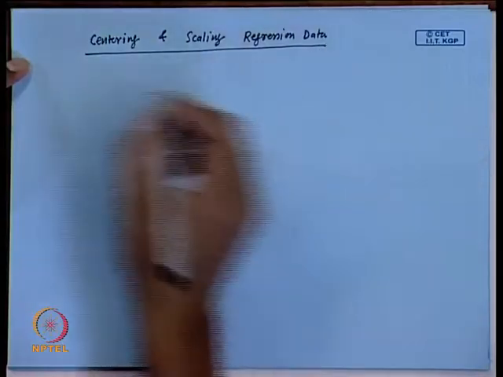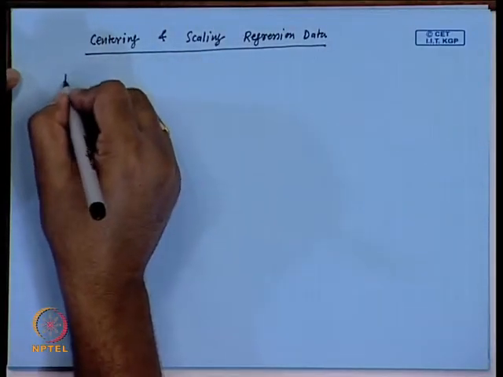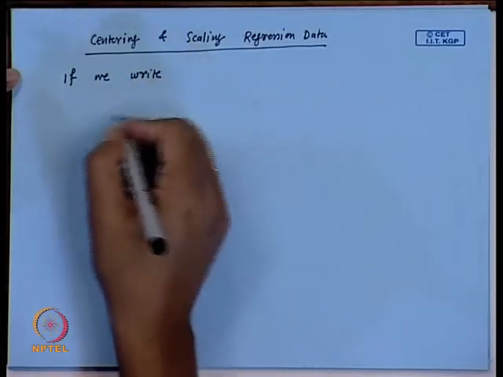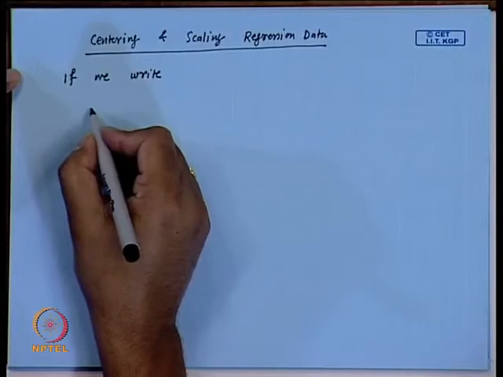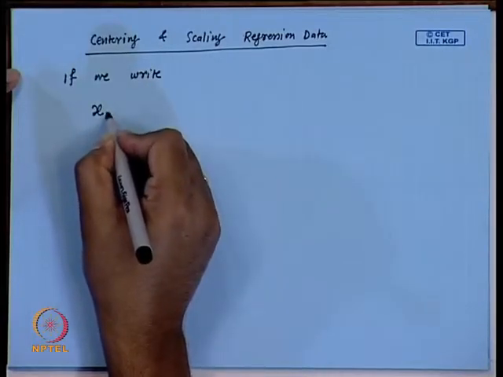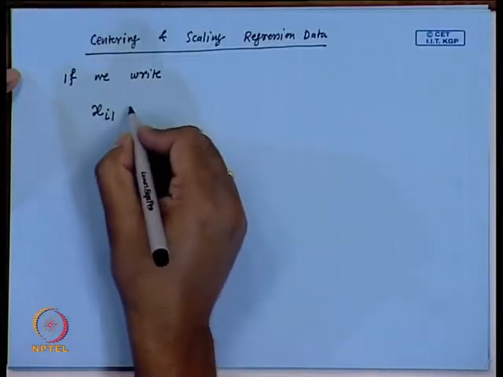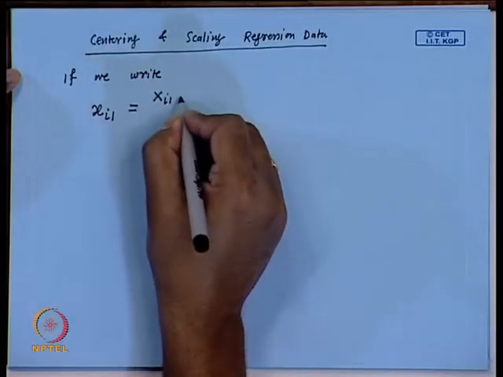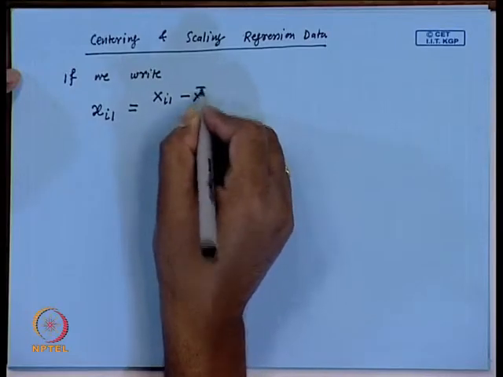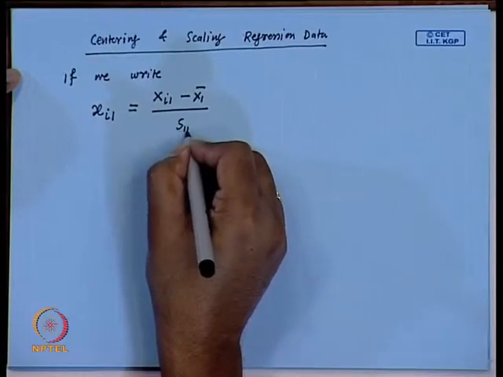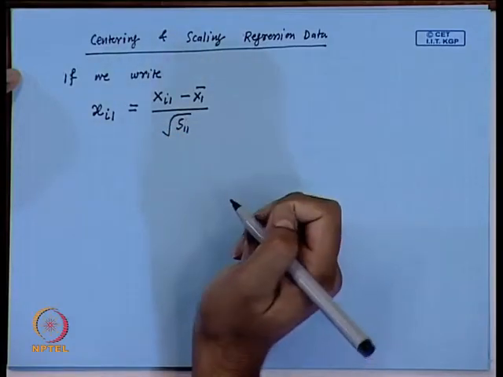So, what we do is that if we replace, if we write x_i1 is equal to (x_i1 minus x1 bar) by square root of s_11.